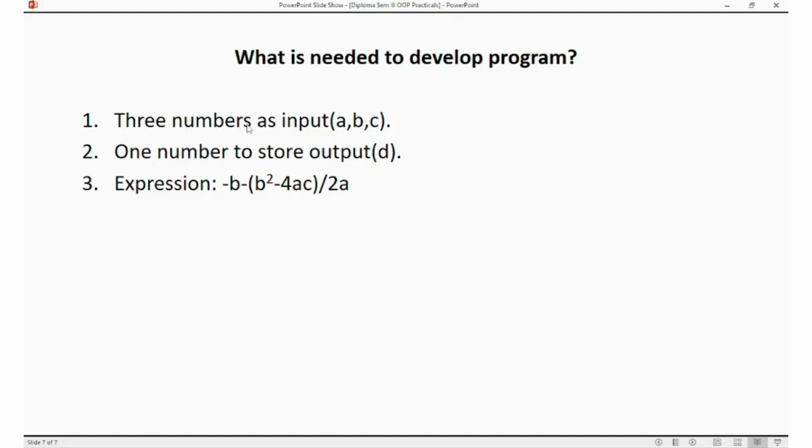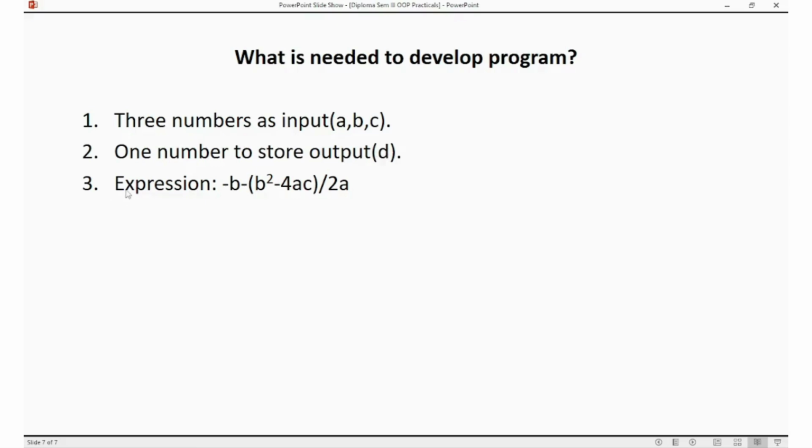So the first point is three numbers as input, so I will be taking a, b, c as the input variables, which will have integer values. Second, one number to store the output, that is the final variable. I printed a d, just make it x. So instead of d there will be x.